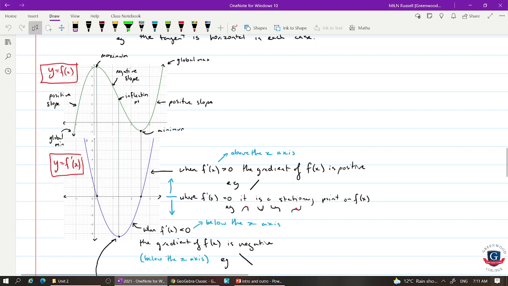When the values are decreasing, the gradient will be negative, below the x-axis, and when the function's increasing again, it'll be above the axis. So you can see here, increasing, above the x-axis. Decreasing, the slope is negative, below the x-axis. Increasing, above the x-axis. And this is counterintuitive. Until somebody's shown it to you, it's not really that obvious.